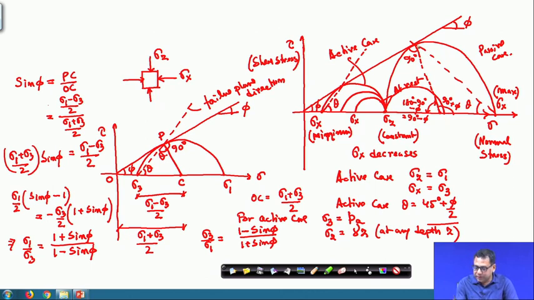Now if I consider this triangle, if this is theta, this will also be theta, because this is the radius of this circle. So, this is one radius and this is the radius. So, these two are the same.